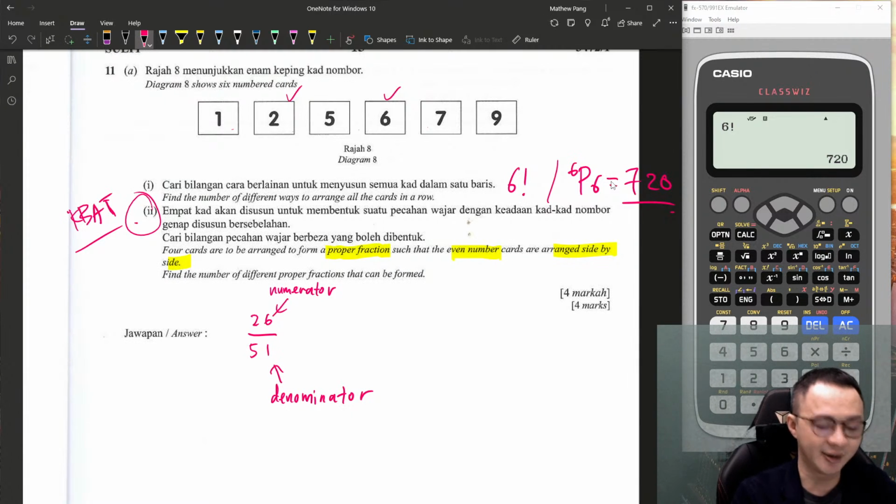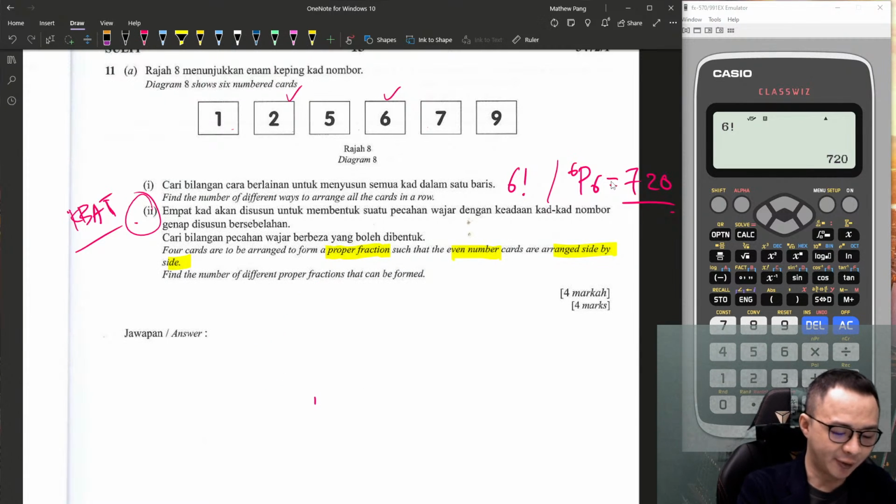Yeah, this one is the improper fraction. We want to find all the possible ways. So the first option, top has only 1 card, then the bottom I can have 3 cards.